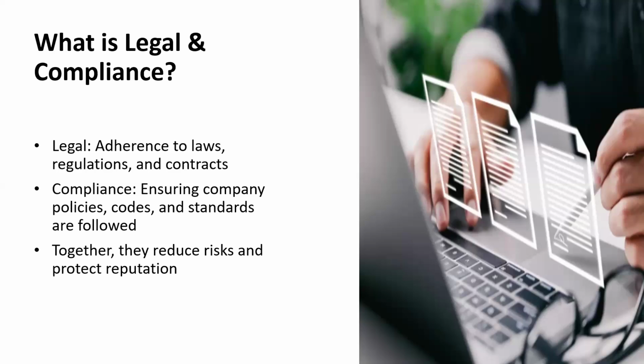In some companies, they work together. You find legal and compliance at the door of a manager. In other companies that are heavily regulated and that are big in size, you don't find legal and compliance in the same room or the same department. They are normally in different departments.